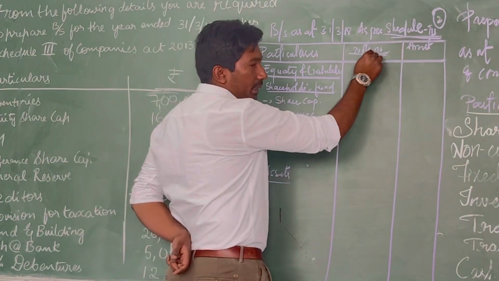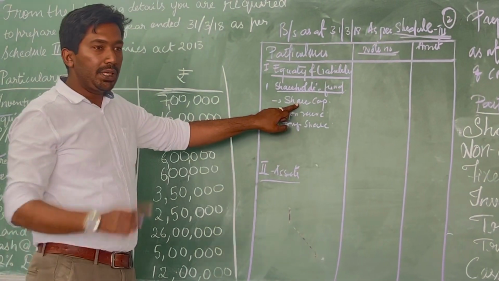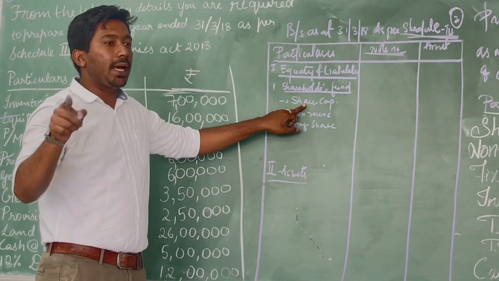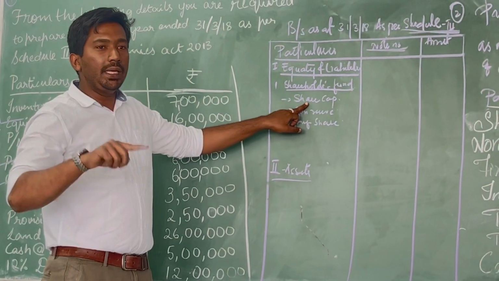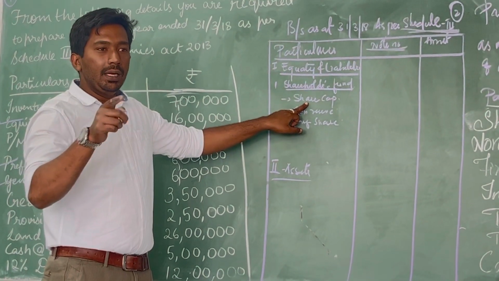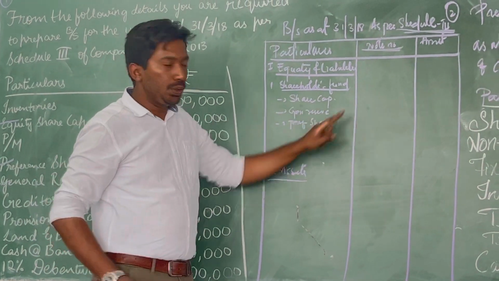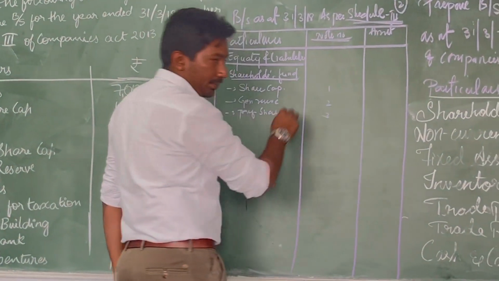Here note number is given. Okay. So note number is nothing but the share capital. We will open a separate account and do all the calculations. In a year, whatever happened, we will do all the calculations, and then the output of that particular account will be written here. So that's why we give this as 1, 2, 3.